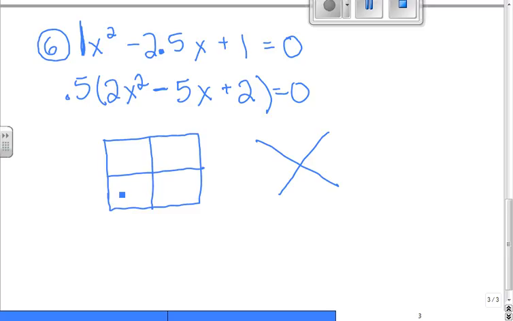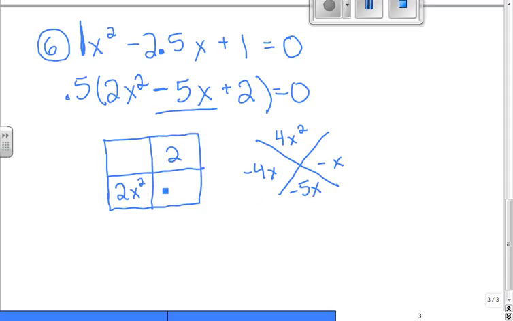Okay, so we have 2x squared and 2. 2x squared times 2 is 4x squared. And they add to the bx term, which in this case is negative 5x. So we have to ask ourselves, what multiplies to 4x squared and adds to negative 5x? Well, if it multiplies to a positive and adds to a negative, they both have to be negative. So it's going to be negative 4x and negative x.